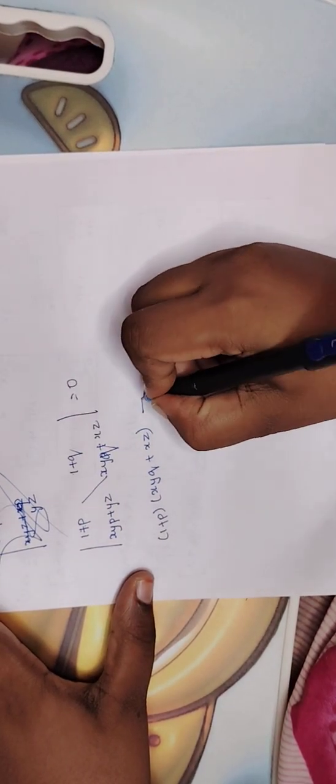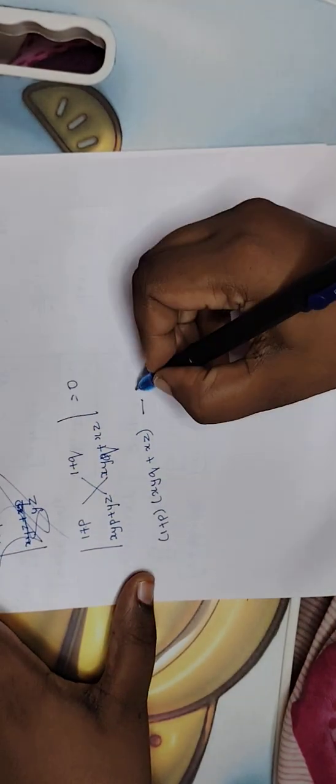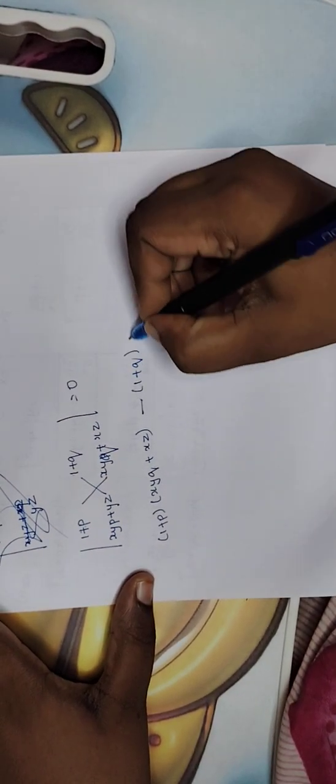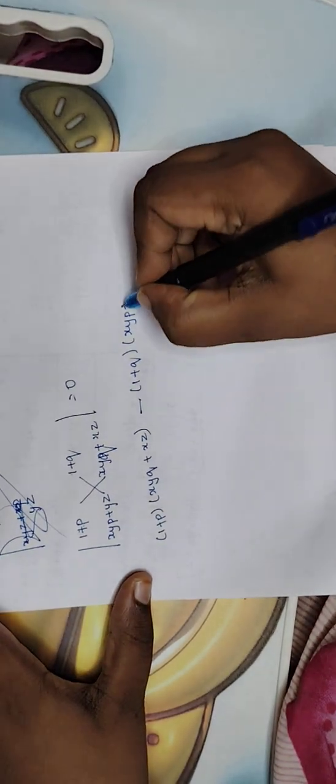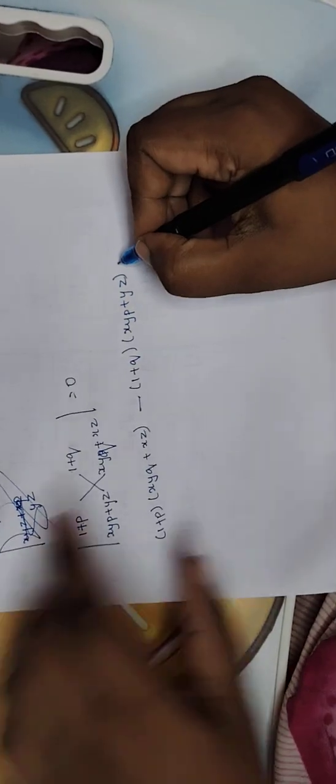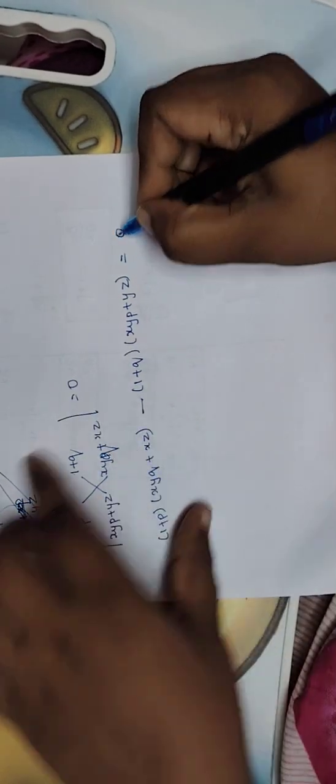So to find the determinant of the terms, first I'll need to multiply these two terms. So this is 1 plus p into xyq plus xz, and then I have to put minus, and then I will multiply these both terms, that is 1 plus q into xyp plus yz. So the determinant is equal to 0. Now I need to multiply these terms.